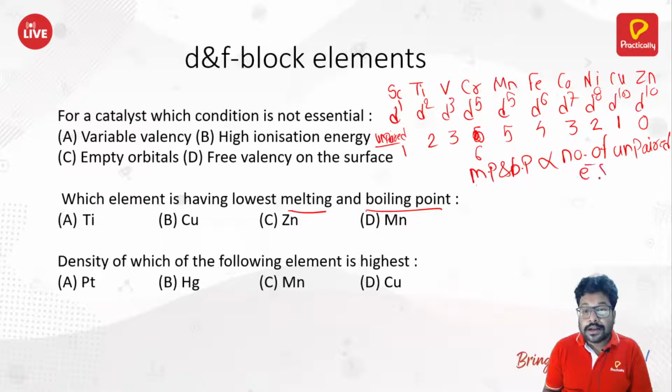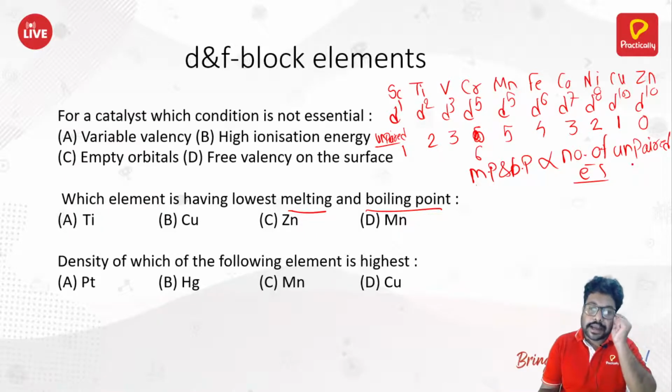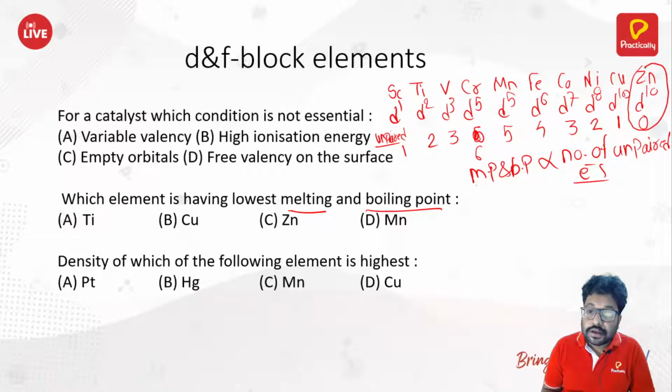That means the higher the number of unpaired electrons, the higher the melting point and boiling point. If you have fewer unpaired electrons, your melting and boiling point will also be less. Zinc has 0 unpaired electrons, because of which the lowest melting and boiling point in this case is for zinc, and that is why your answer is C.